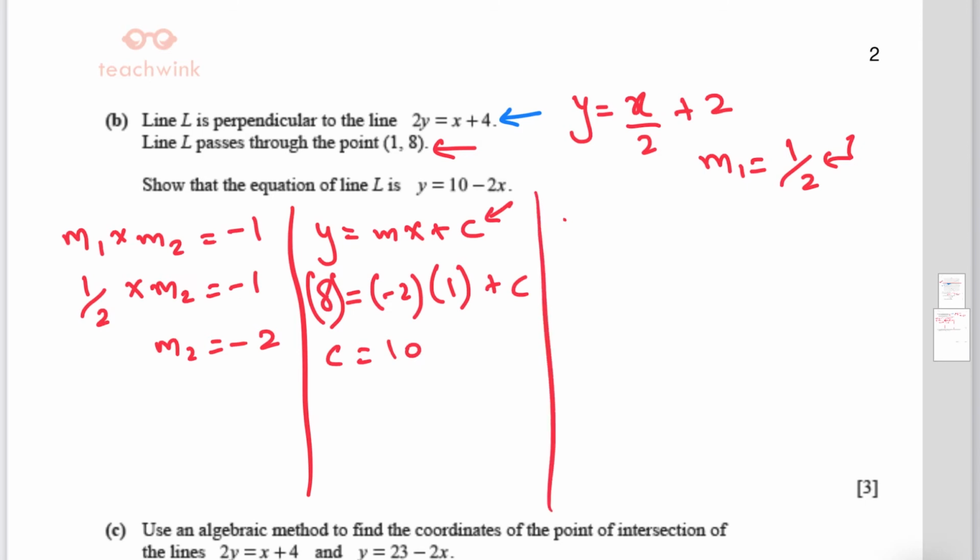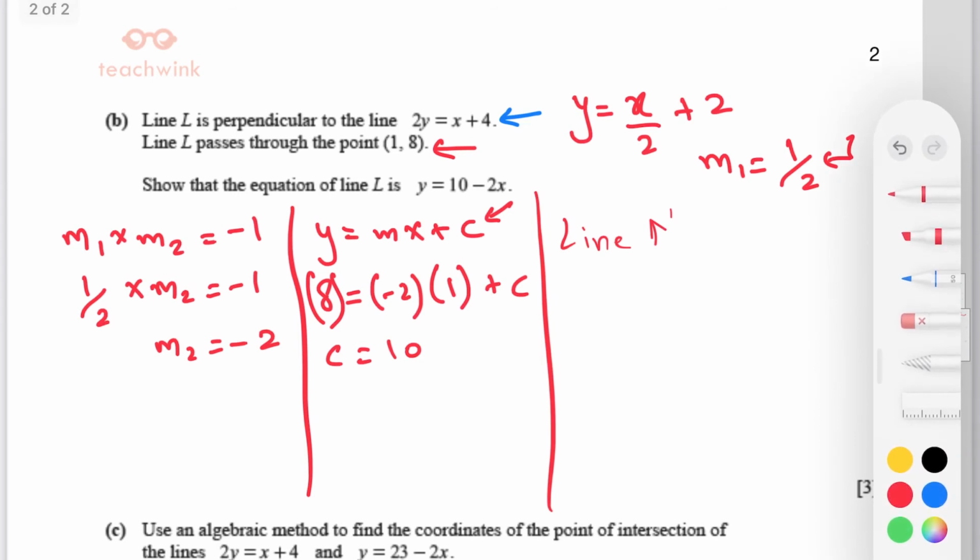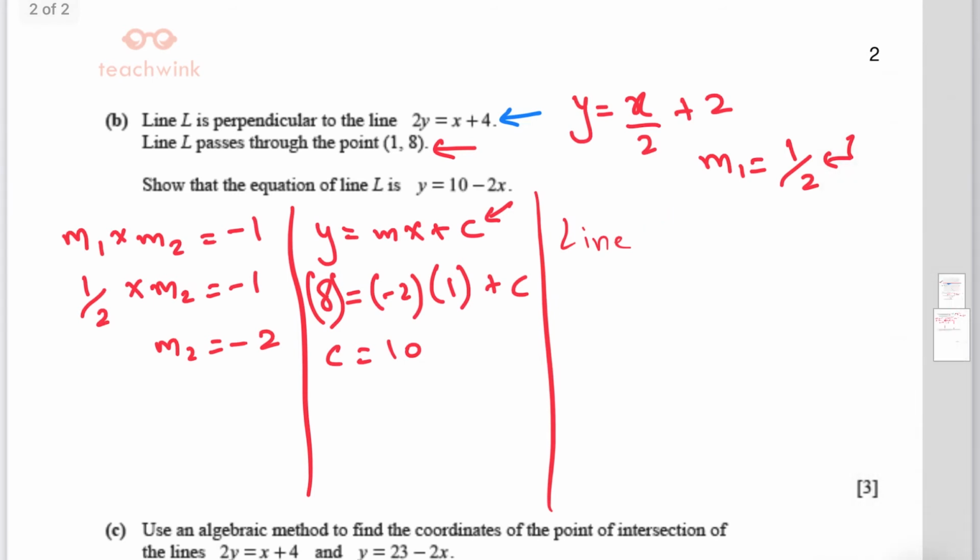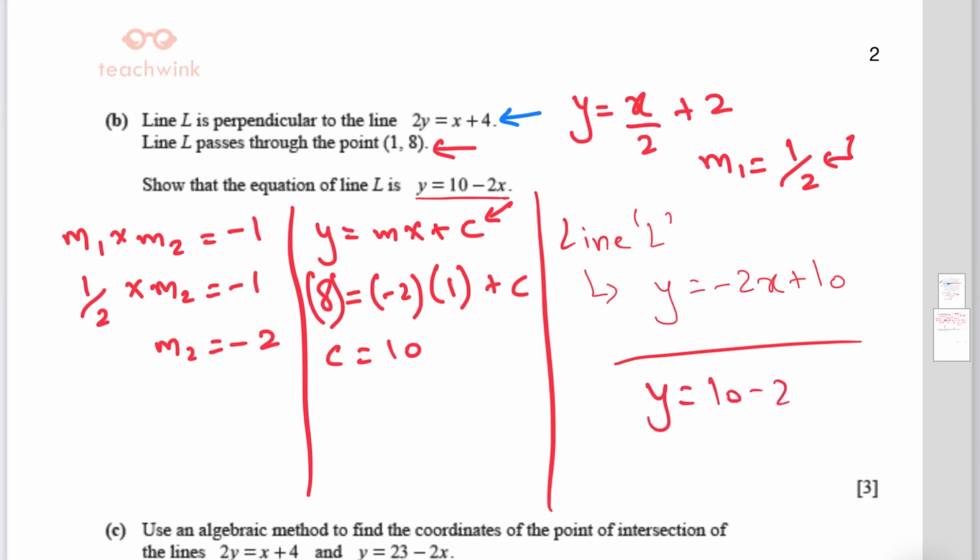So the line L has an equation y equal to negative 2x plus 10. This is the same as this. If we just change around a few numbers, it becomes y equal to 10 minus 2x, which is exactly the same as this equation right here.